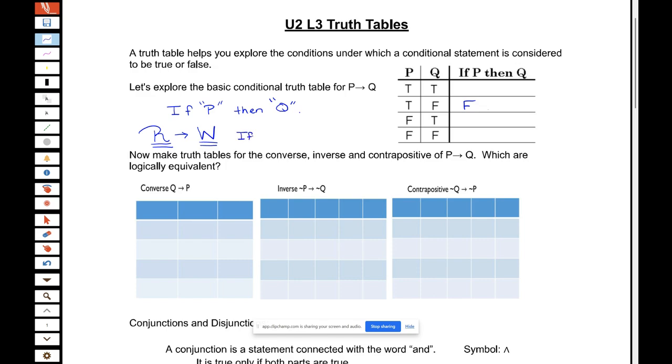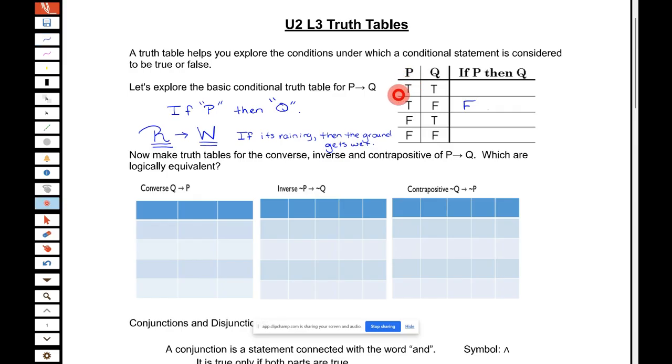I'm going to write down what this stands for. If it's raining, then the ground gets wet. Okay. In all other cases, we would consider the statement true.